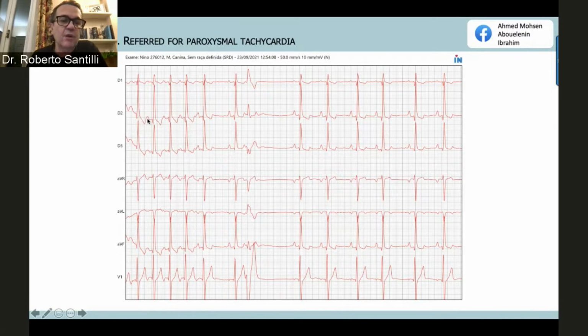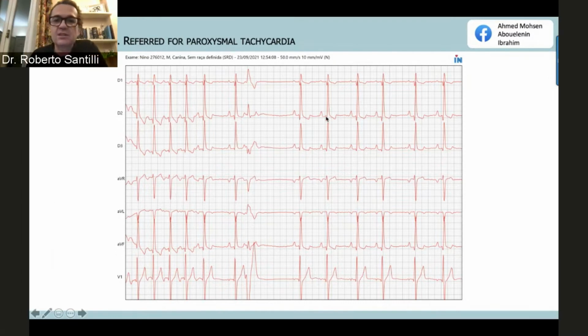If you look carefully, we can see P waves that are just going into the previous T, and these P waves are probably coming from the roof of the right atrium because they are positive in 2, 3, and aVF, the most negative is aVR, and it is also positive in lead 1. So the axis is directed toward plus 60, just like sinus P waves.